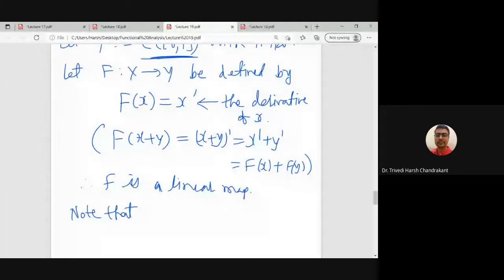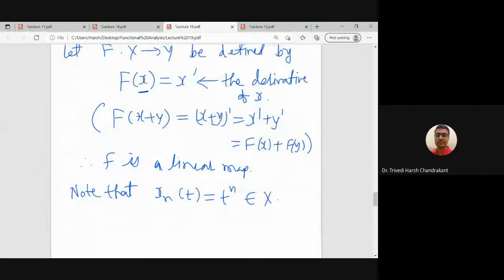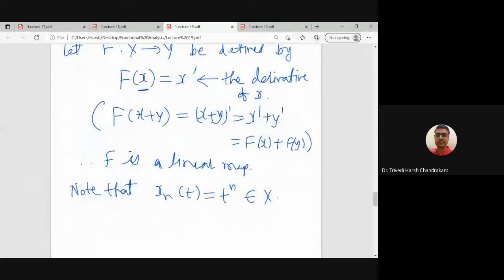So x is a continuous function, and these are the continuous functions defined by t power n. All these functions belong to X. All these functions are one time differentiable, and the derivative is also continuous on the closed interval 0, 1, where n is a natural number.